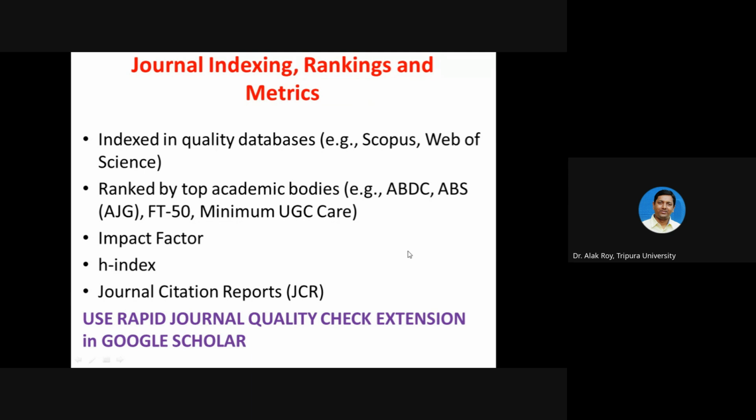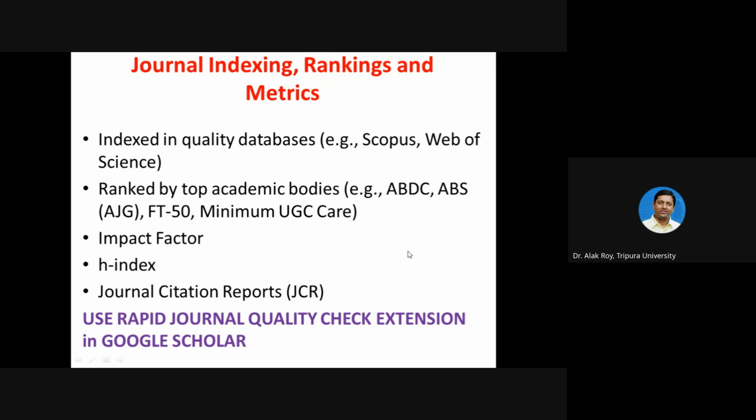Stanford comes up with a top 2% scientist list. I can bet that from that list you can identify at least 20 to 25% of scholars who are fake scholars, in the sense that they have inflated their citations by taking some services. So that's why I have not emphasized impact factor or H index much.